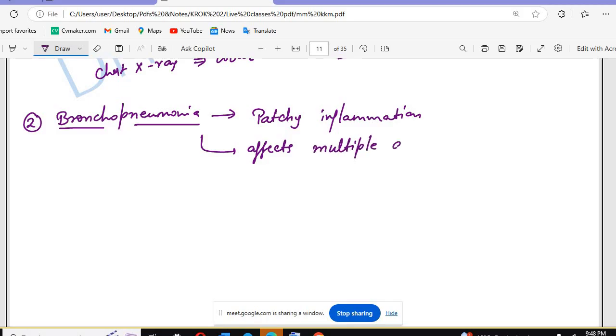Multiple areas. What are the multiple areas? Like the bronchi and the alveoli. The bronchi and alveoli will be involved.